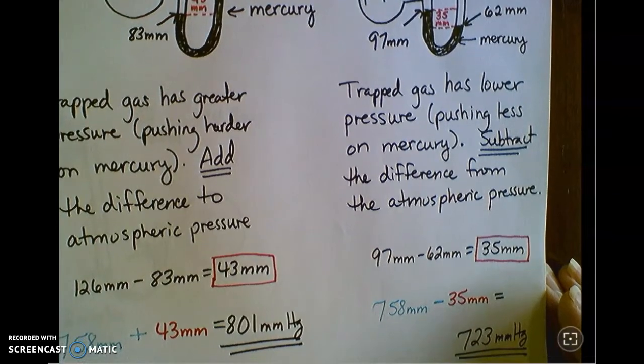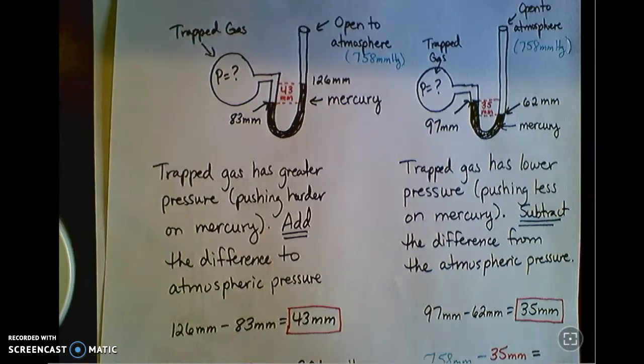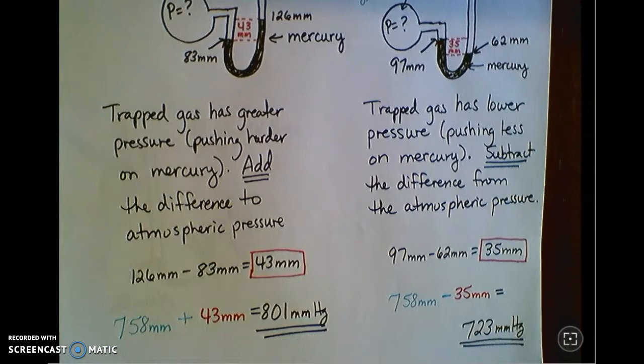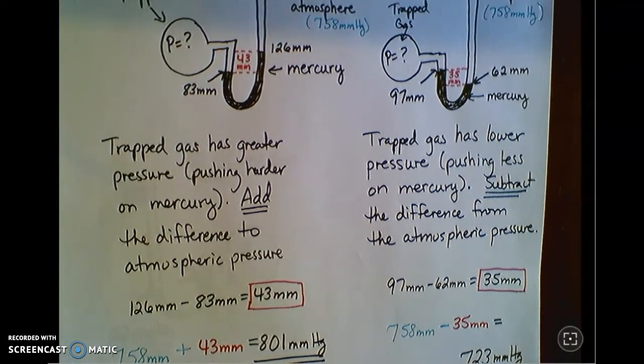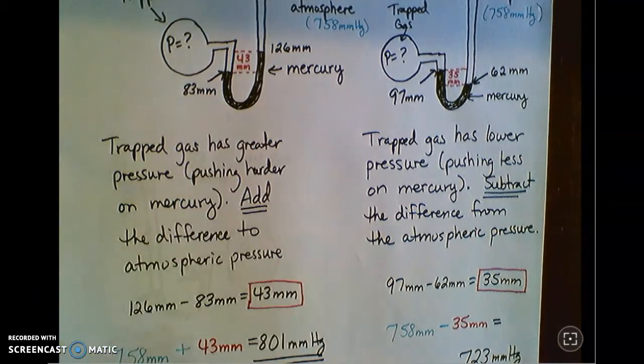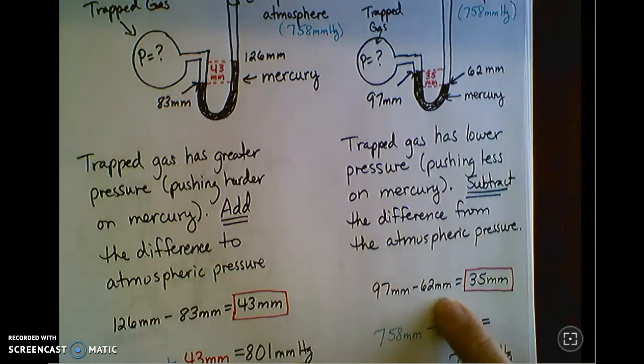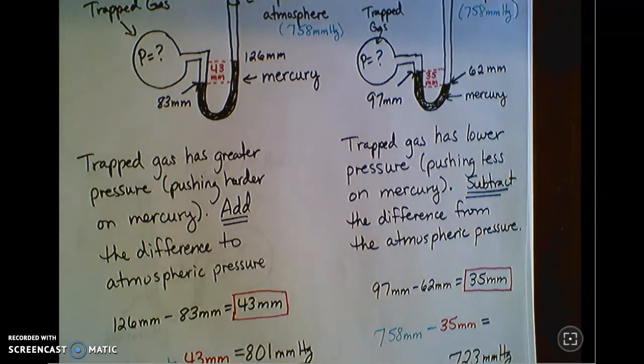So here's the math that I did. The first step, no matter which scenario you have, is always to find the difference in the levels. 126 minus 83 gave me a 43 millimeter difference for this one. 97 minus 62 gave me a 35 millimeter difference for this one.